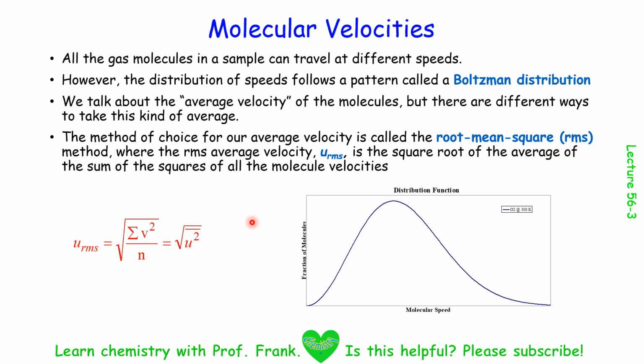So this is the root mean square velocity that can be calculated using the square root of the sum of the speed or velocity squared over n. And then we can say this is the root mean square average velocity. So u again is the velocity.